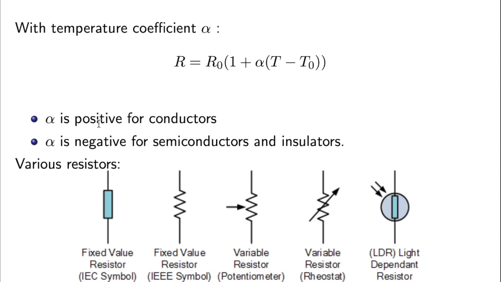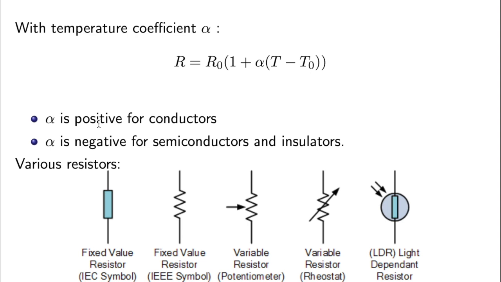In conductors, when the temperature increases, there is an increase in the vibration of atoms, resulting in interatomic collisions inside the conducting material, and that restricts the free flow of electricity. That restriction is represented as an increase in resistance, suggesting alpha is positive.